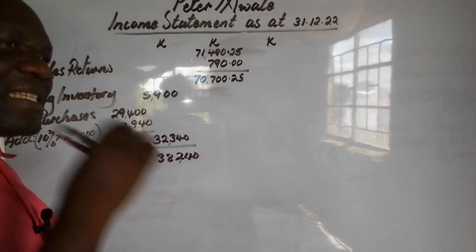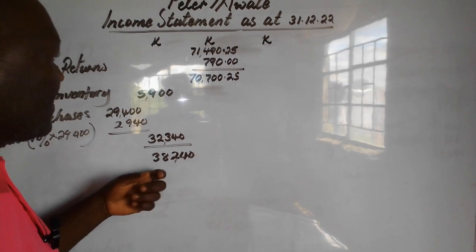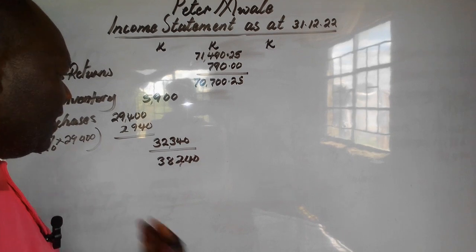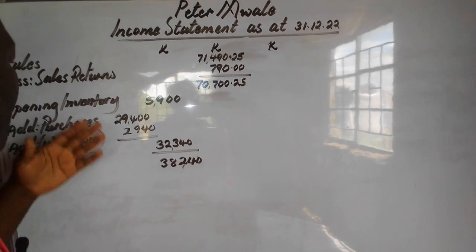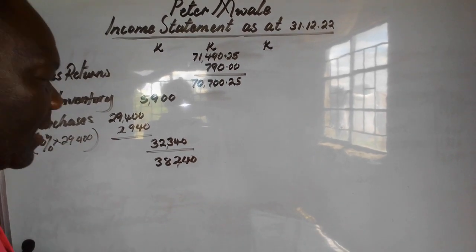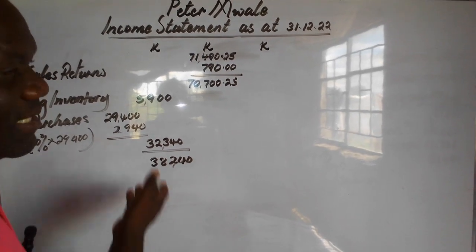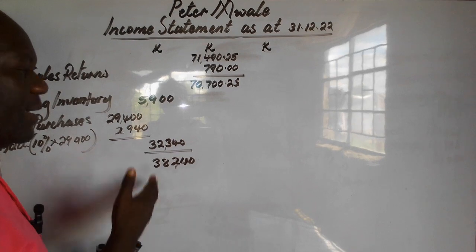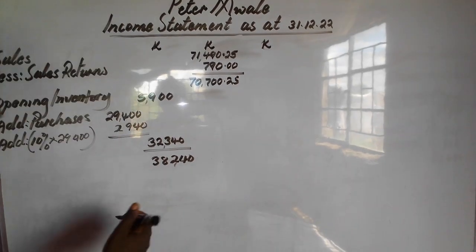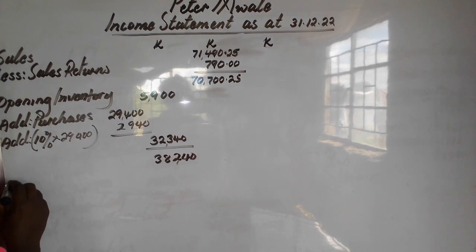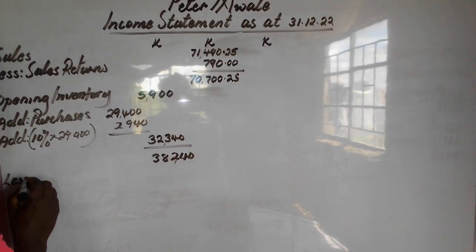This one now, there's another figure that must impact on it: the closing inventory. Because we have done the purchases, we have done the carriage in, there is no other figure that we are supposed to work on. So we are looking at the closing inventory. So closing inventory will be less.